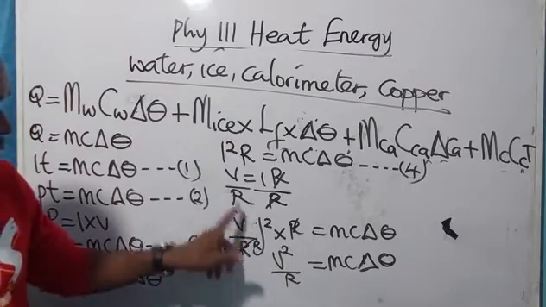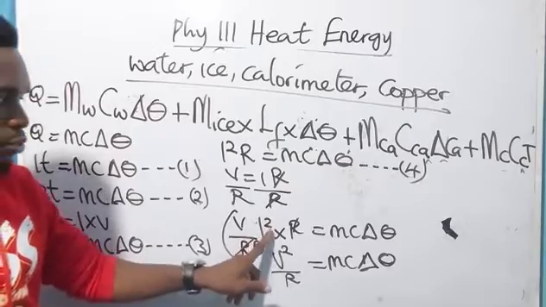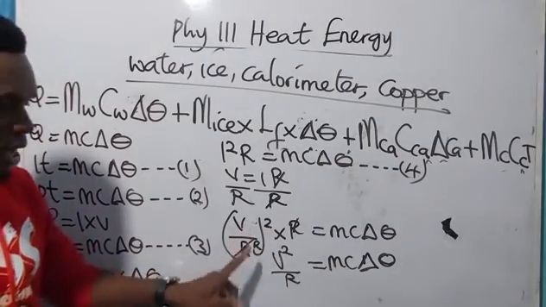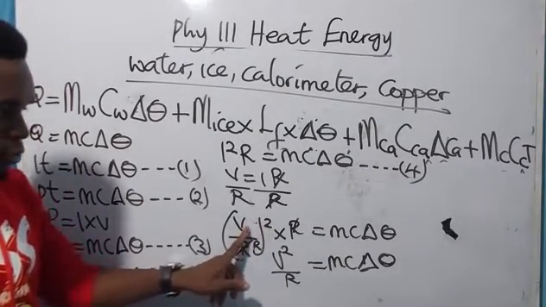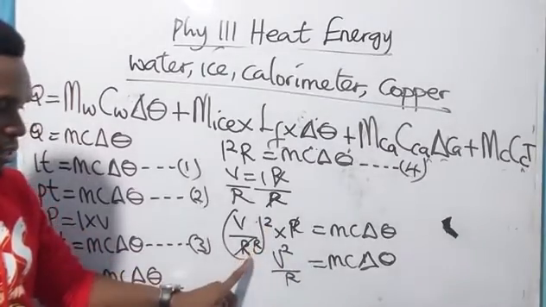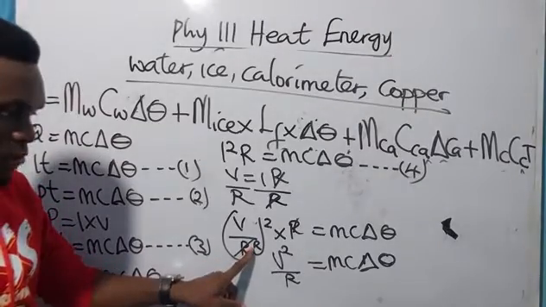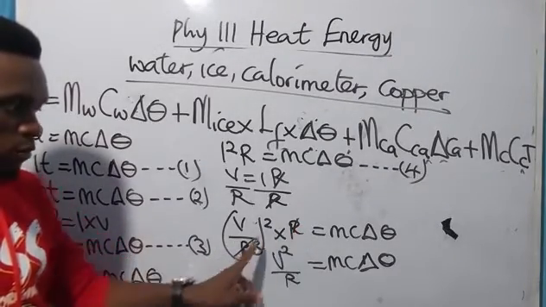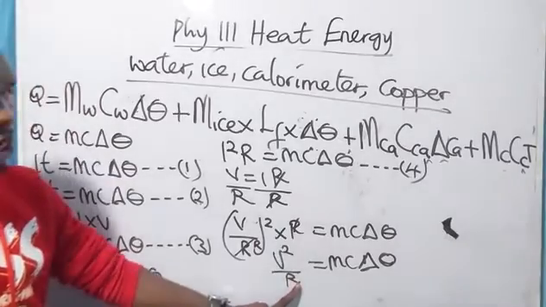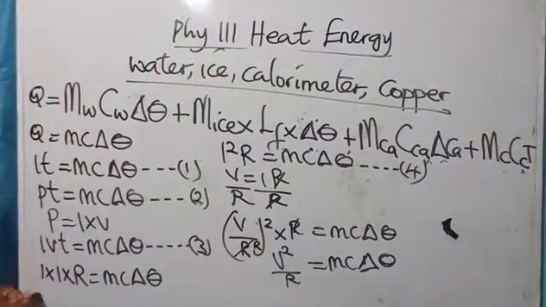Wherever I see I, I'll put V over R. These two outsides are affecting both the V and the R, so this 2 is affecting this, that is R squared. If I remove one R from these two R's, I'll still be left with one R. So that is what you have. Okay, that is for that.